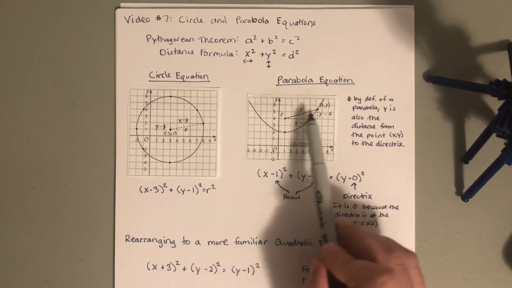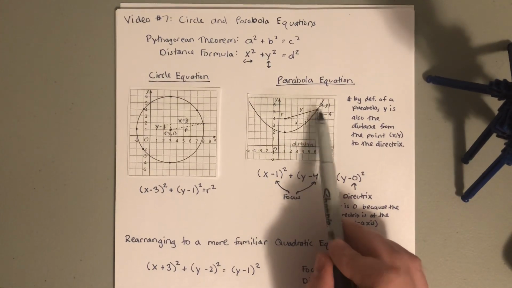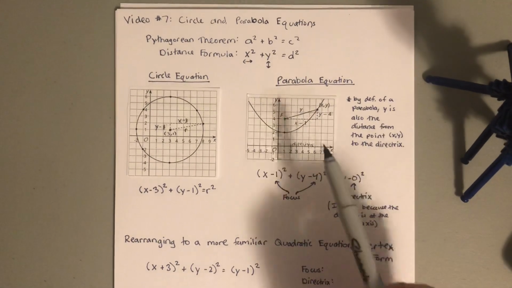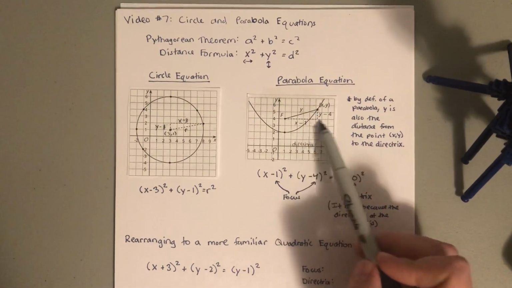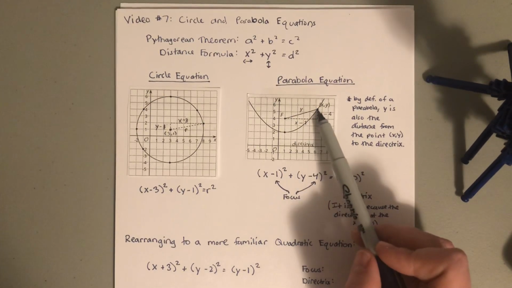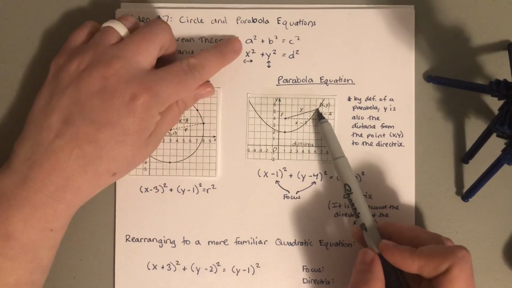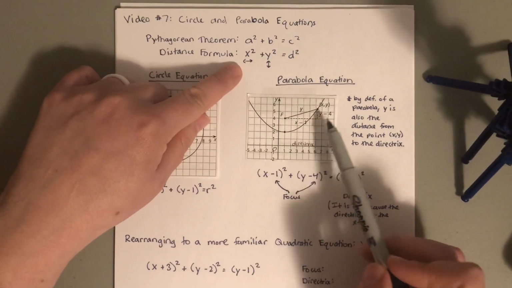To get from one point to another, you would travel here and then up. You go across and then up. So this across and this up distance make a right triangle with this distance as the hypotenuse. So really we're just using, again, the Pythagorean theorem or the distance formula to describe this triangle.